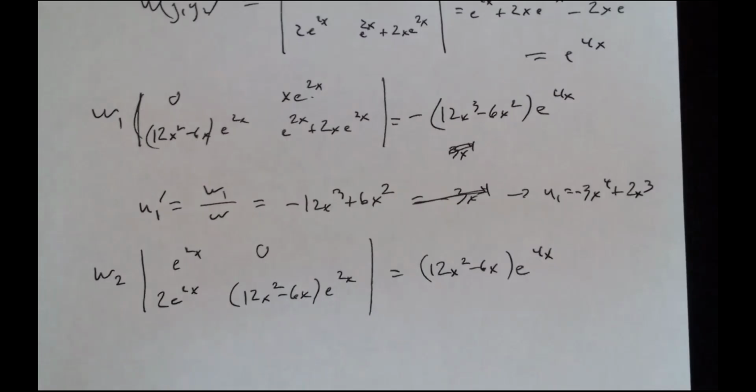Right. But now remember, what are we supposed to do with that? There you go. And then you'll take the u2 and put it in front of the x e to the 2x, right?